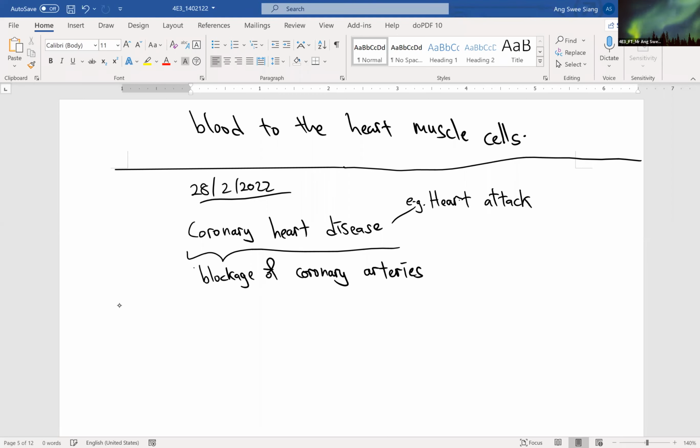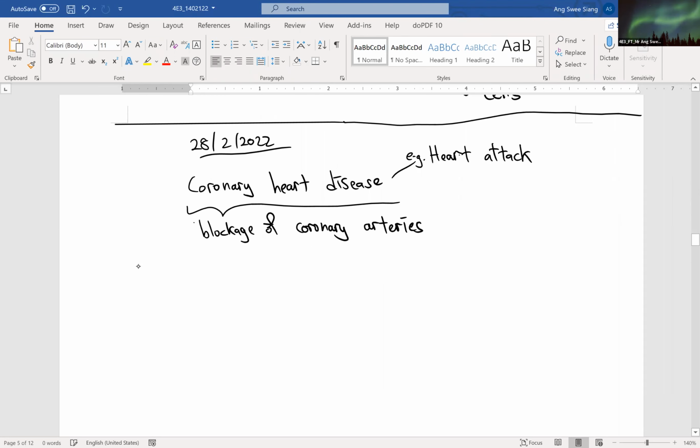When the blockage of the coronary artery occurs, then oxygenated blood cannot be transported to the cardiac cells.